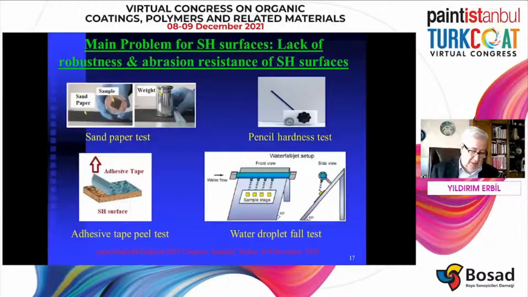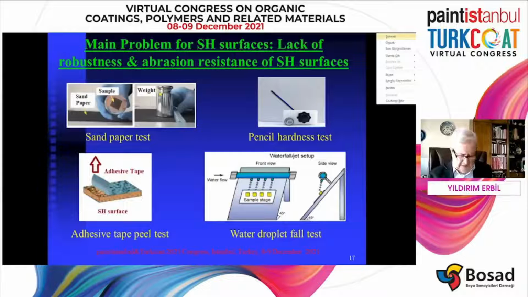This mechanical weakness is the main reason for the loss of the superhydrophobic properties in a short period of time. And then water droplets cannot roll off the surface, but stick to the damaged location. And sandpaper tests with a load weight, pencil hardness tests, or adhesive tape peeling and water droplet fall tests are applied for such purposes.